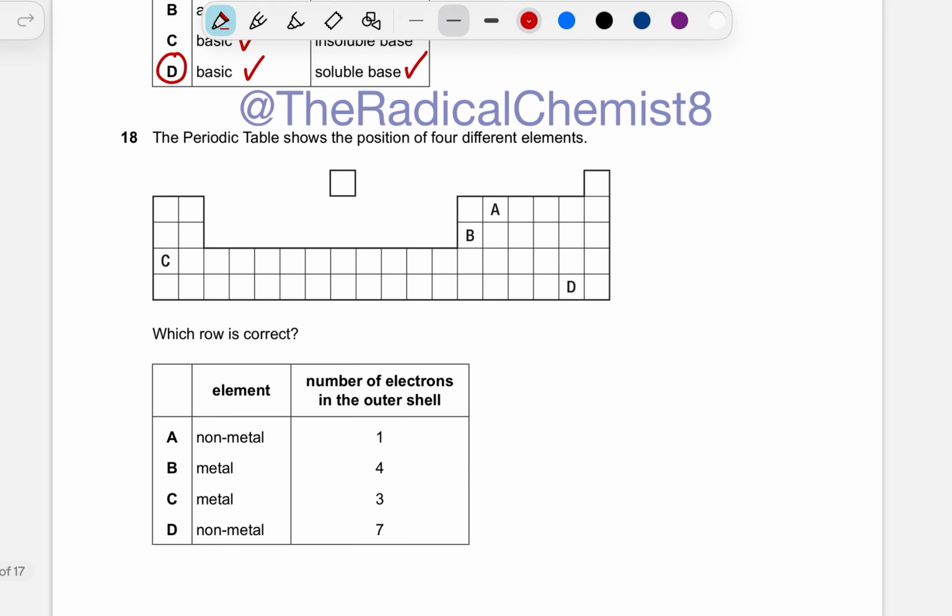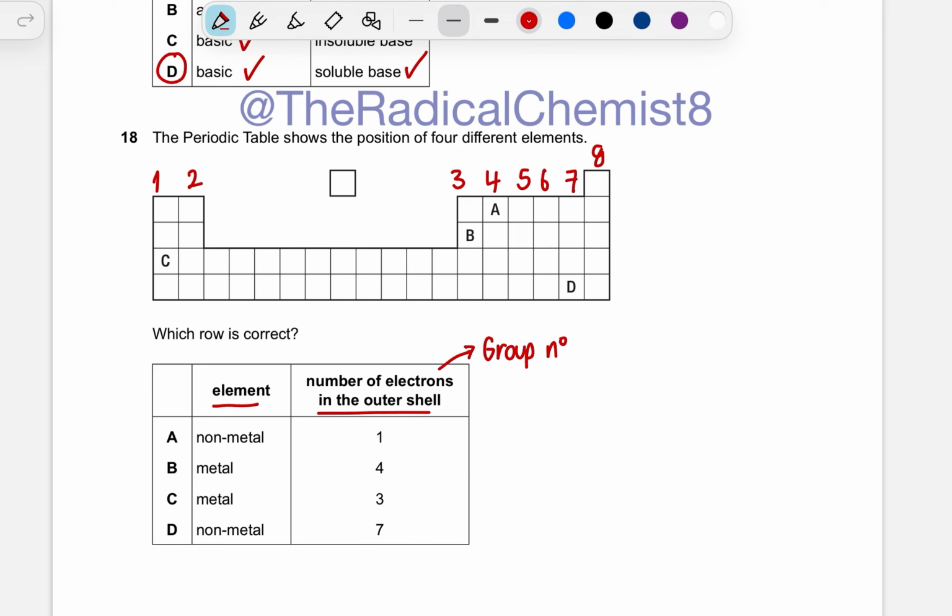Next question, the periodic table shows the position of 4 different elements. You need to find out which row is correct for the element and the number of electrons in the outer shell. If you remember, the number of electrons in the outer shell is linked to group number. So this is group 1, 2, 3, 4, 5, 6, 7, and 8.